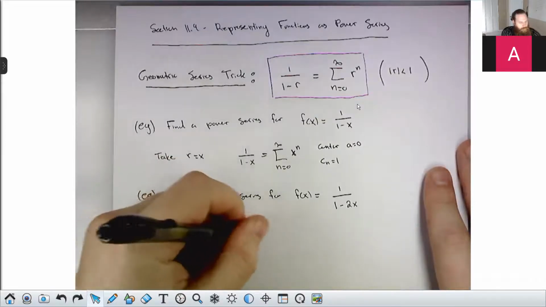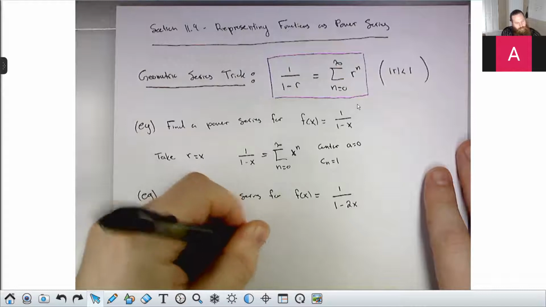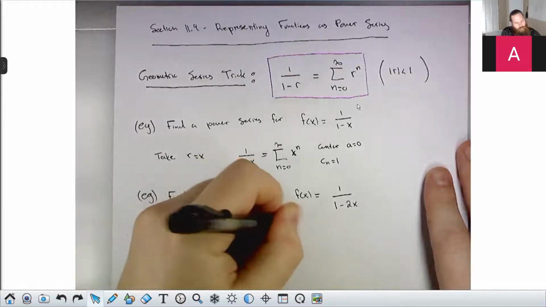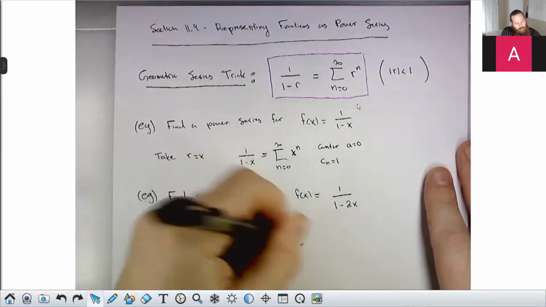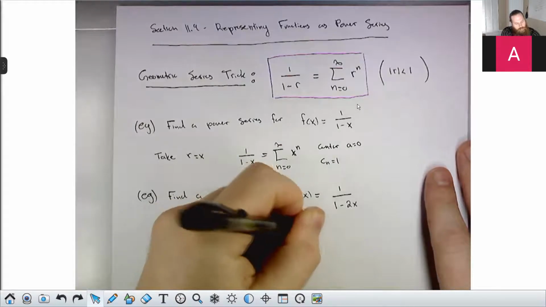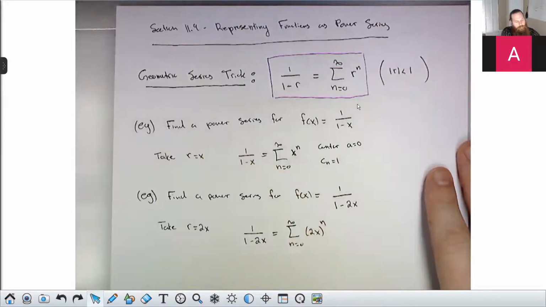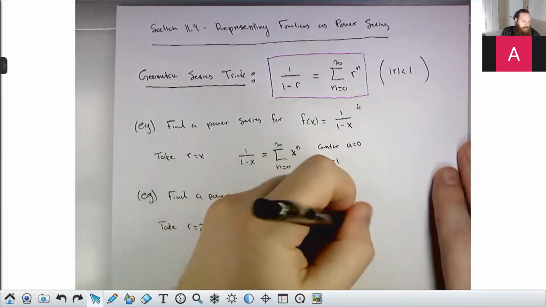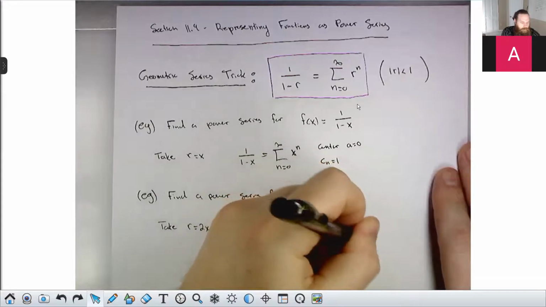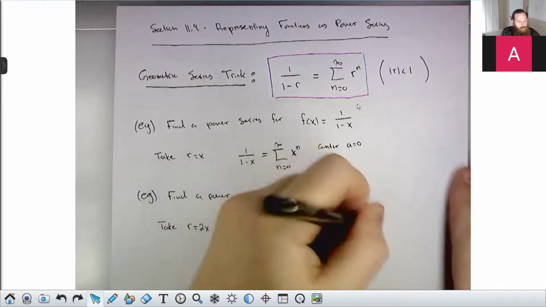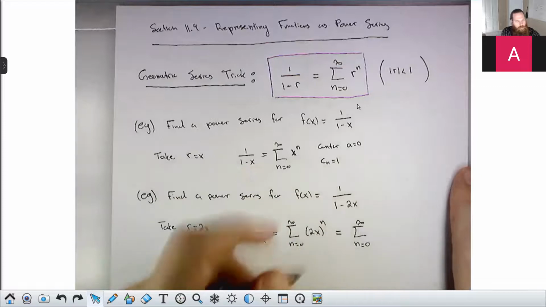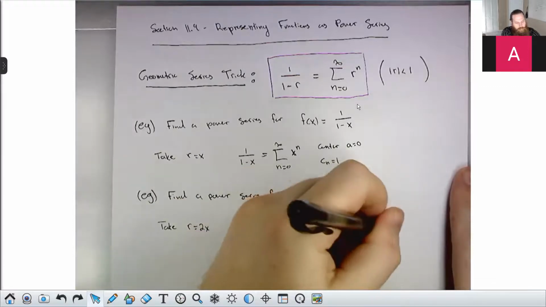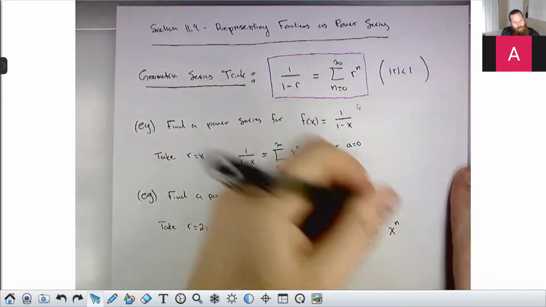So we get 1 over 1 minus 2x equals sigma n from 0 to infinity 2x all to the n. But this we should clean up a little bit because we want to be able to read off the center and the coefficients easily. 2x all to the n is the same as 2 to the n times x to the n.